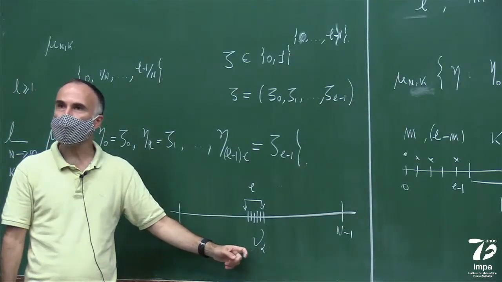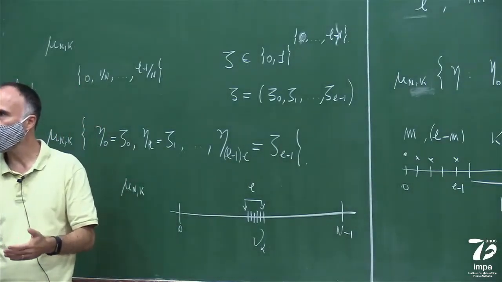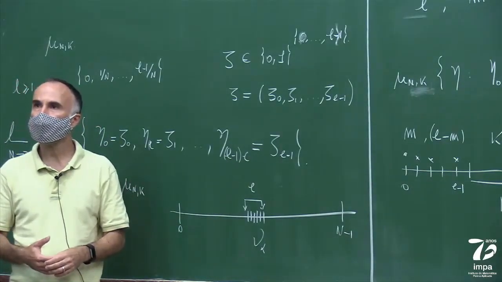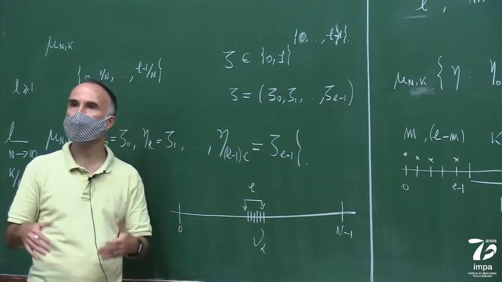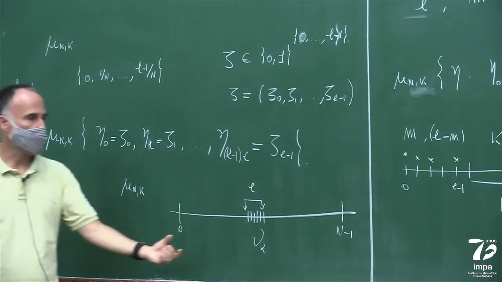But the difference is that now, for this measure, the total number of particles is not fixed, but is a random variable. So this stationary state is not concentrated on configurations with a fixed number of particles, while these ones are. Taking the terminology from physics, these measures will be called the canonical measures, and these ones the grand canonical measures.